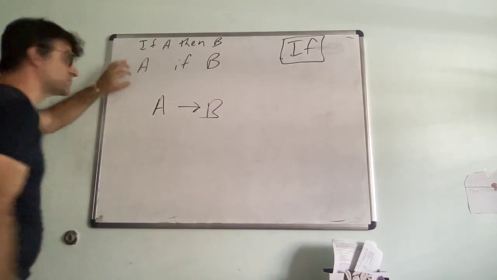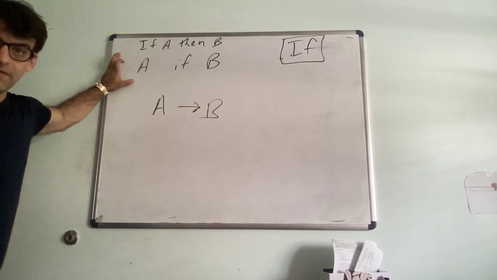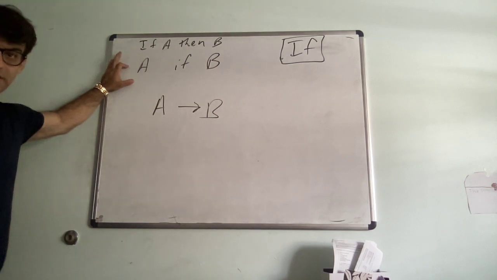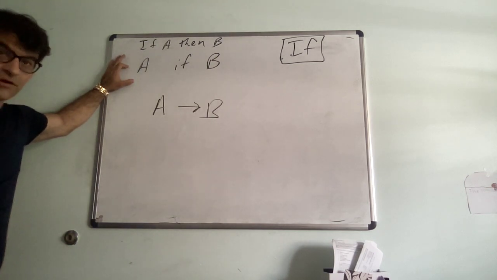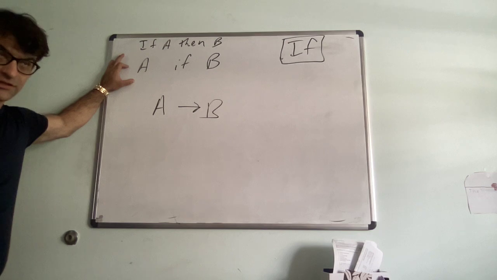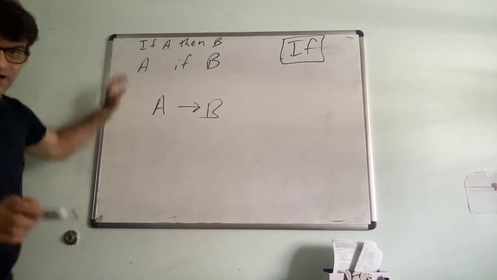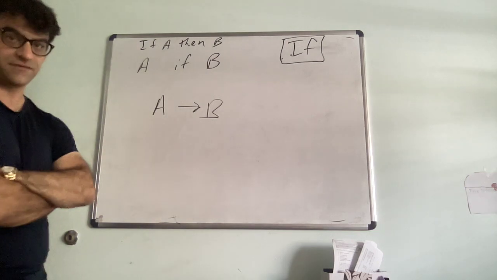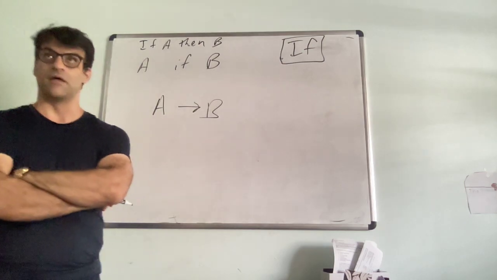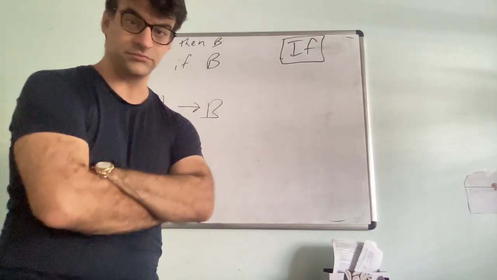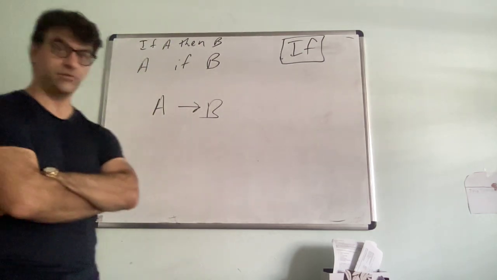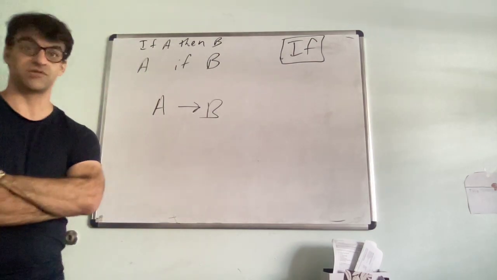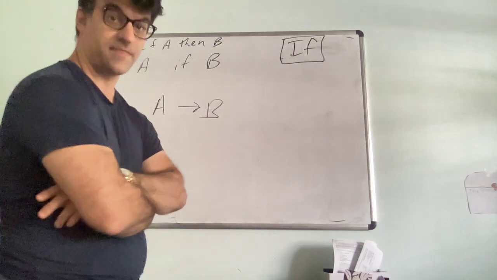Now, this is more common than you might realize in ordinary English usage, that we tack the if on to the second half of the statement. I'll go if you go. I'll go if you go. Right?